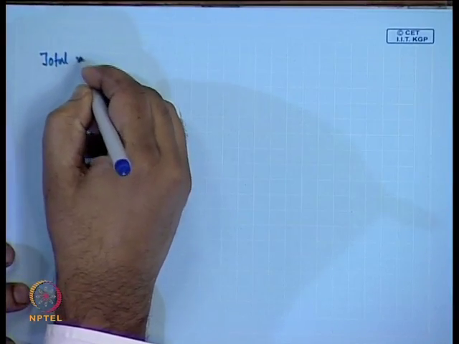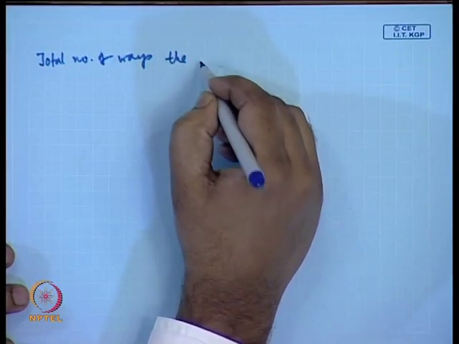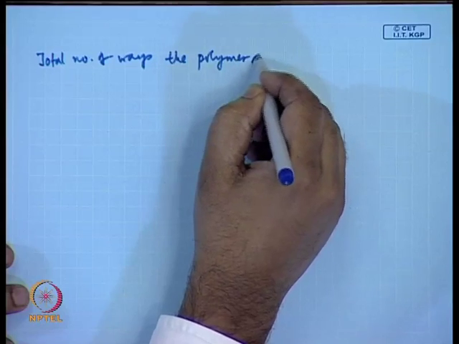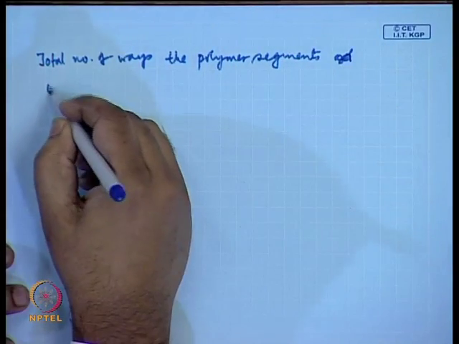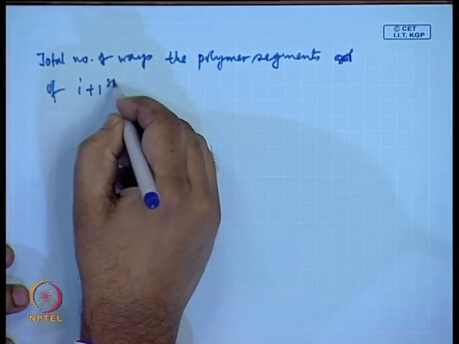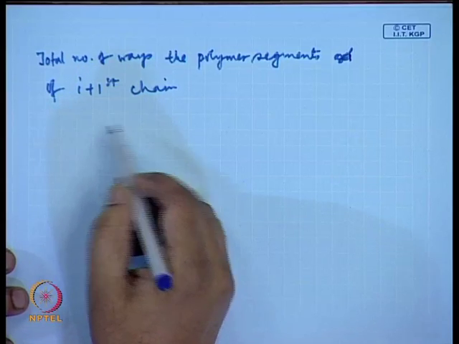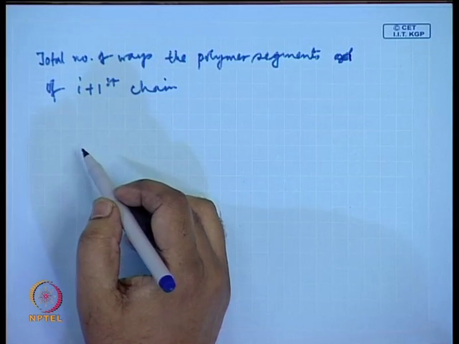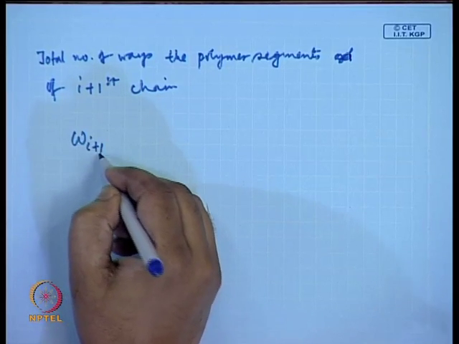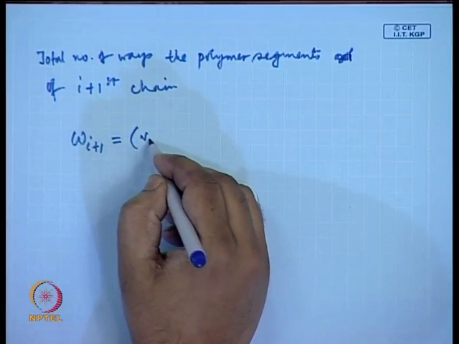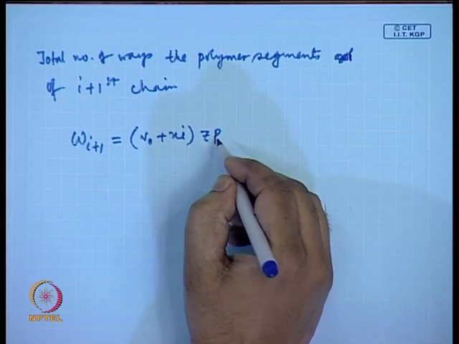So, the total number of ways the polymer segments of the i plus first chain can be placed will be given by the multiplication of all these segments: first segment n 0 minus x i, second segment Z P.